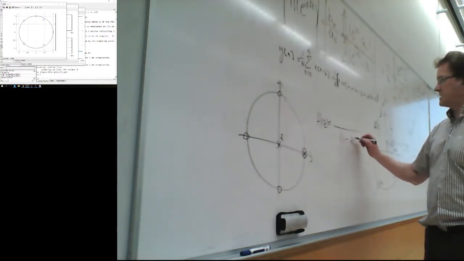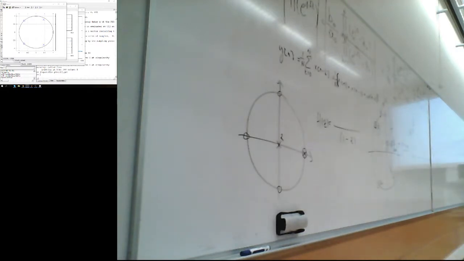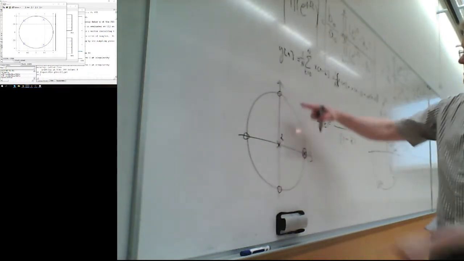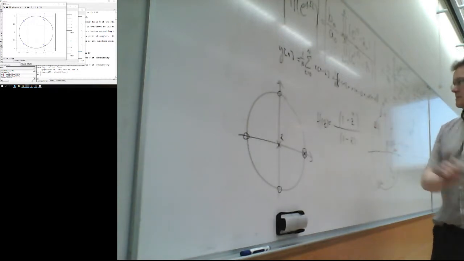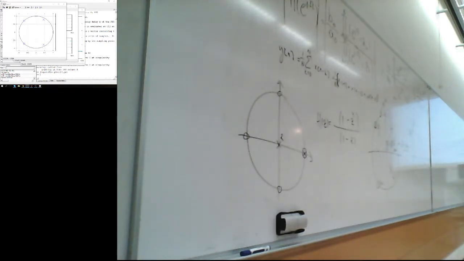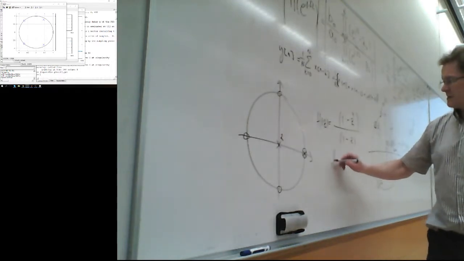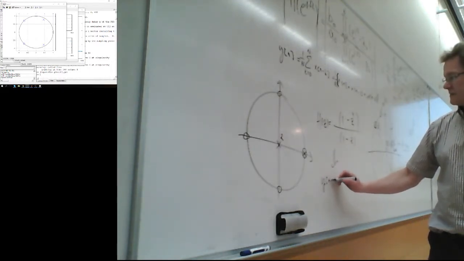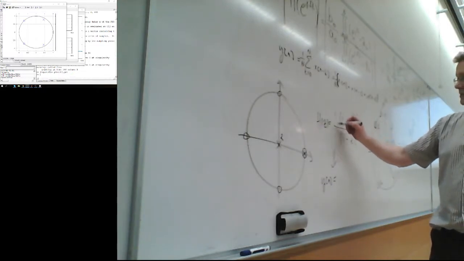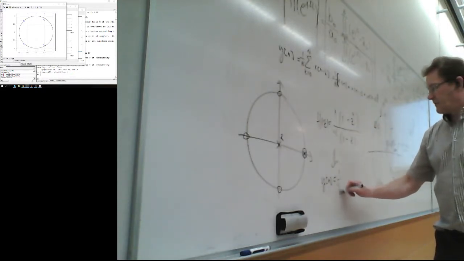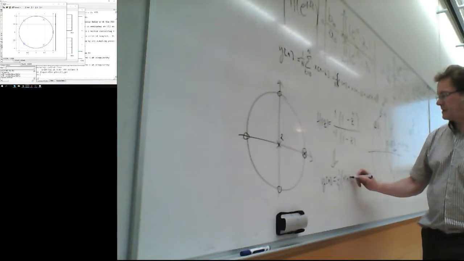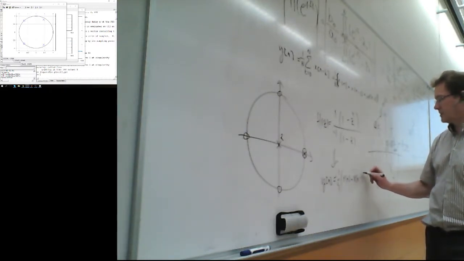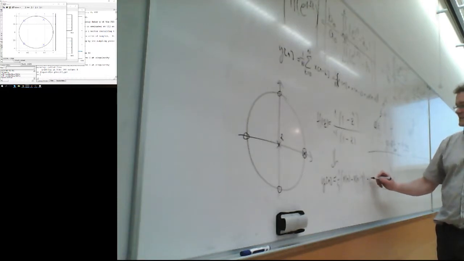You have 1 minus z on the bottom, and then you have 1 minus z to the power 4 on the top, meaning that you actually have the difference equation, well, with the 1 over 4 here: y[n] equals 1 over 4 times x[n] minus x[n minus 4], plus y[n minus 1].